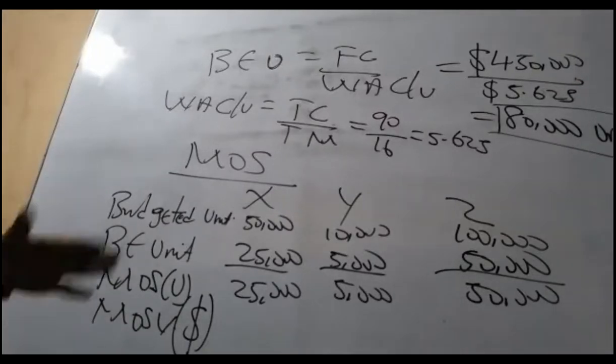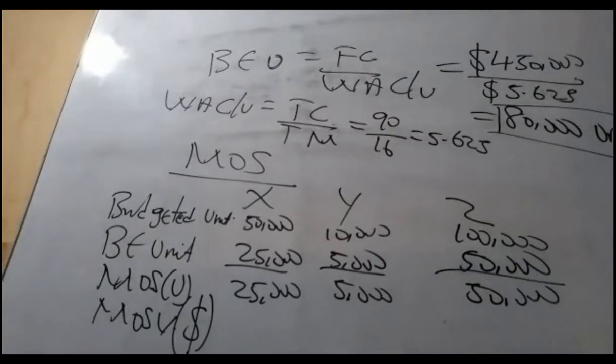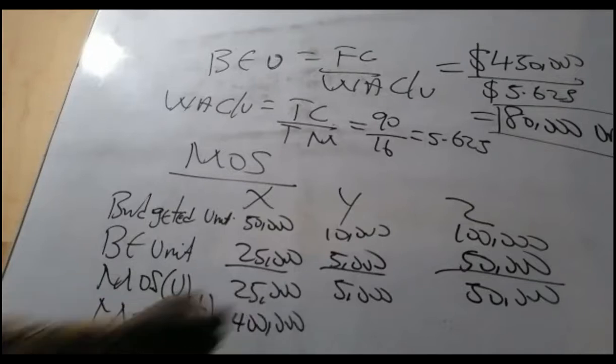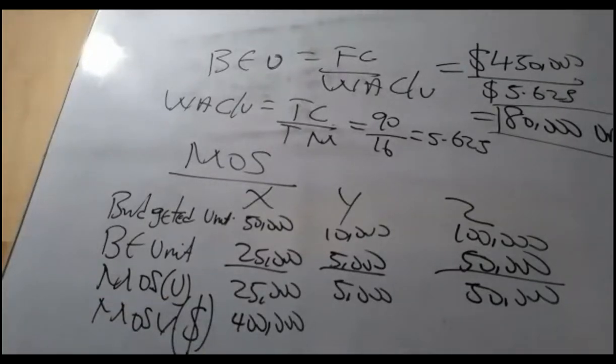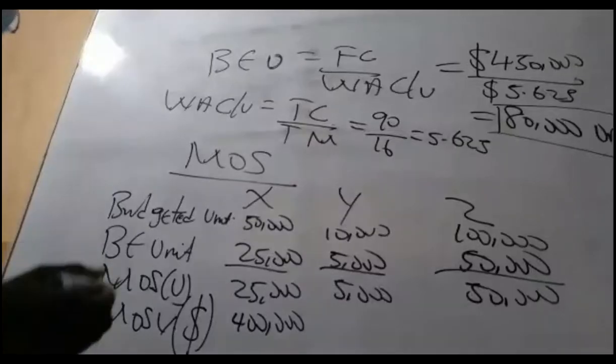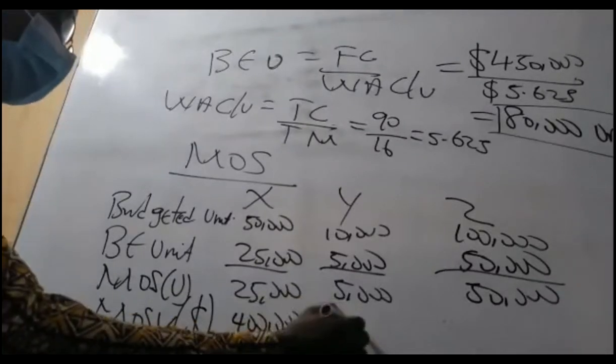So 16 by 25 gives 400,000, so $400,000. Then 5 by 20 gives 100,000.